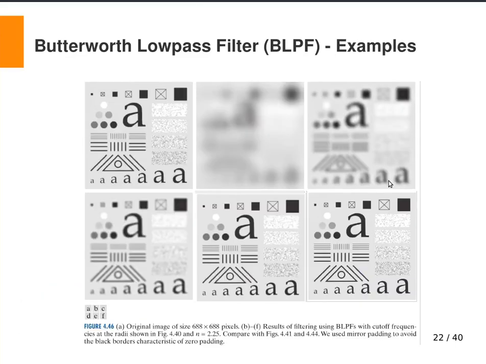Now let's see the effect of the Butterworth low pass filter on the image that we had before. In this example, we use the same cutoff frequencies as before, and as for the order of the filter, we use a value of n equals 2.25. As you can see, the performance is almost similar to the Gaussian filter. But now the question becomes whether we see any ringing artifact for different values of n.